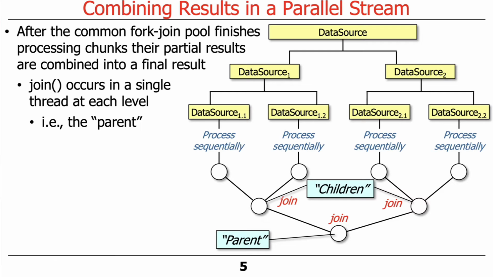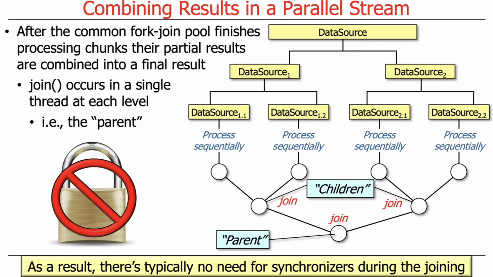That happens recursively until you have only two children or sub-children that are ready to be joined together by their parent. And the final parent at the top puts everything back together again, and that constitutes the complete result.